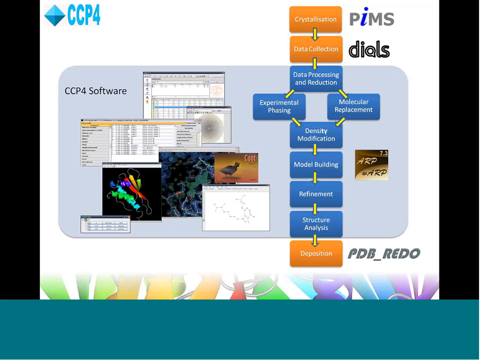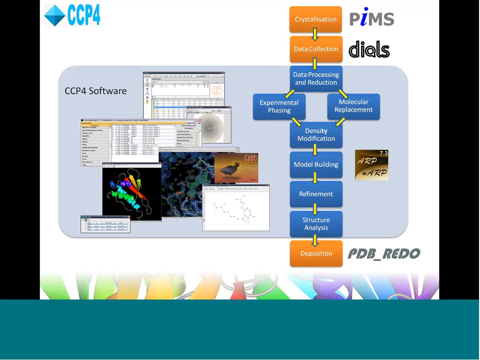And then in those other areas outside of our core area, we have associated projects such as PIMS, which I understand is going to be distributed through SBGrid in the near future, if not already. PIMS is a laboratory information management system.